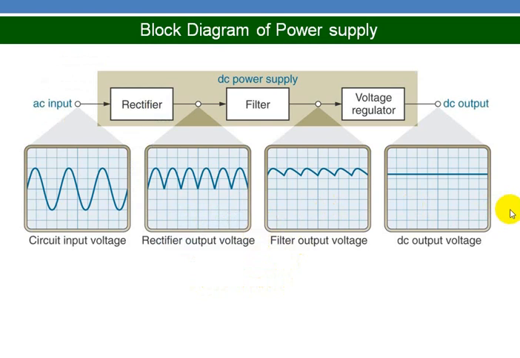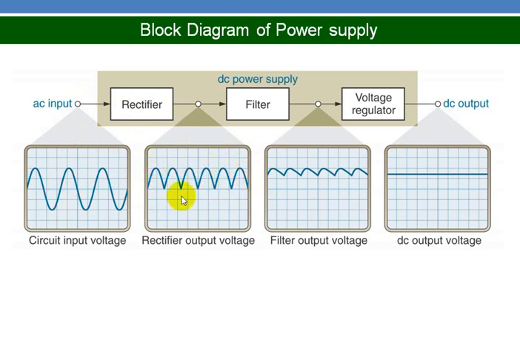Then coming to the power supply. Power supplies basically convert an AC input into a DC output. The AC input is given to the rectifier, which rectifies the AC voltage. So this is the AC input and you get a rectified output here, where both positive and negative cycles are rectified.